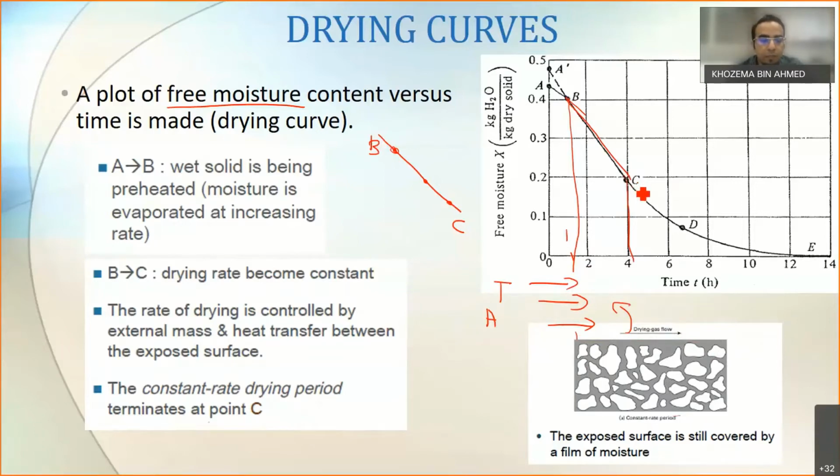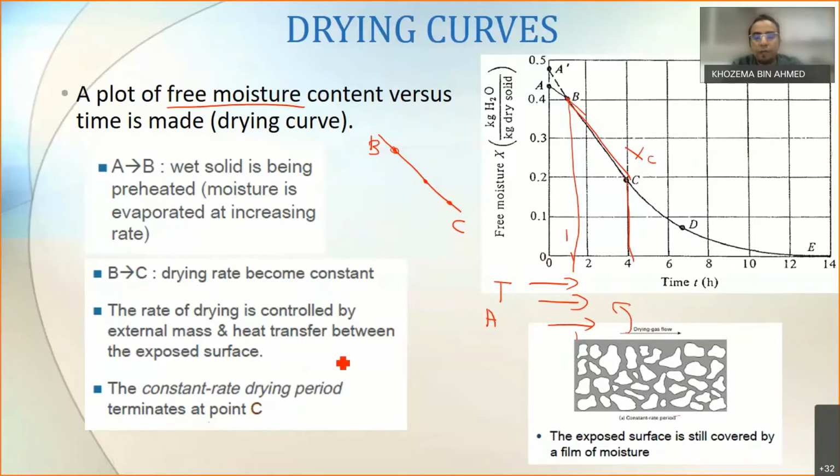This point is very important. At point C, we can call it XC, the point where the constant rate ends or terminates. This point is known as your critical moisture content.